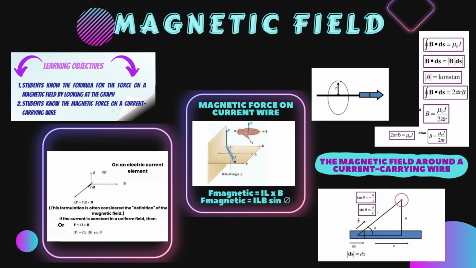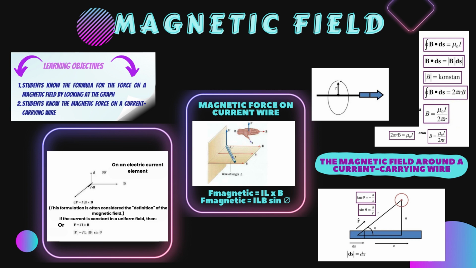The closed curve integral of B times ds equals 2 times pi times R times B. So we can get the formula of the magnetic field B from the equation before: B equals mu naught times I over 2 times pi times R. Or we can write 2 pi R times B equals mu naught times I.